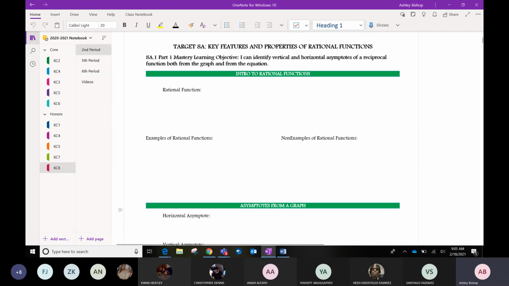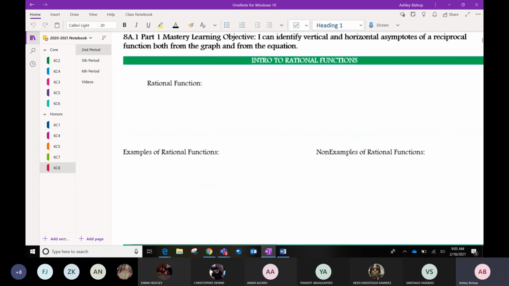All right, so a rational function is any function that can be written as a ratio of two polynomials. So first, let's write down the definition, and then I'll show you some examples. So let's just write down what a rational function is. The whole unit is around these things.